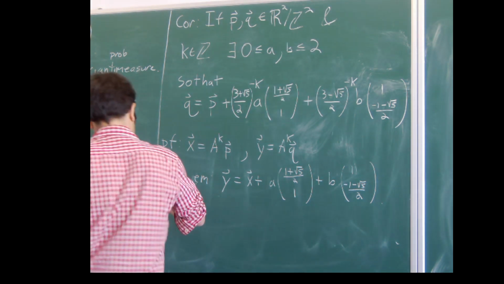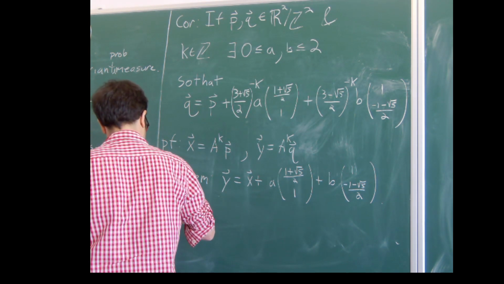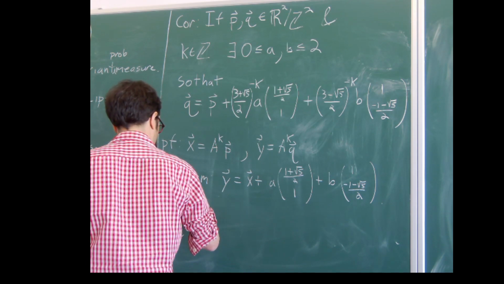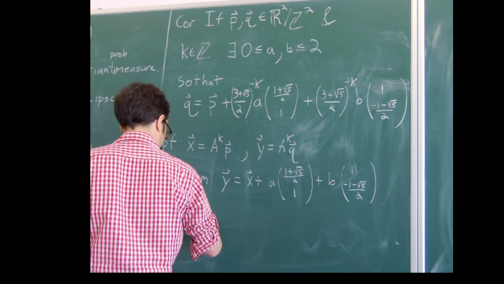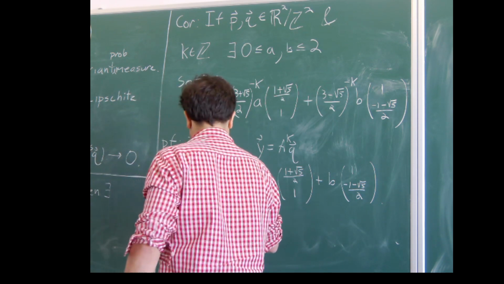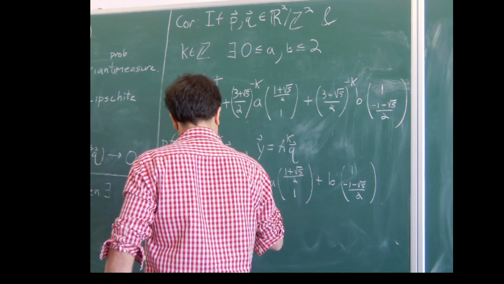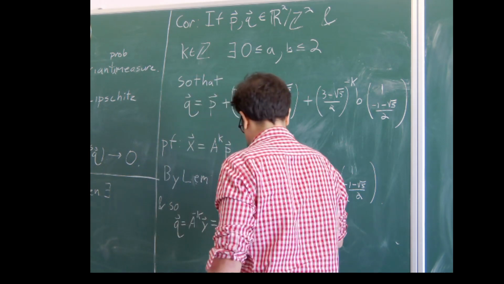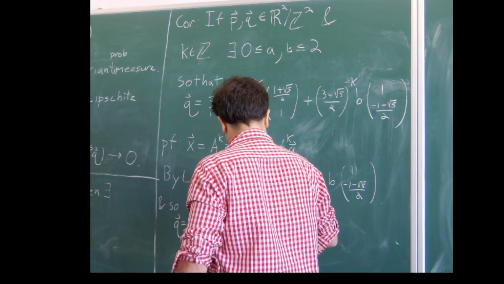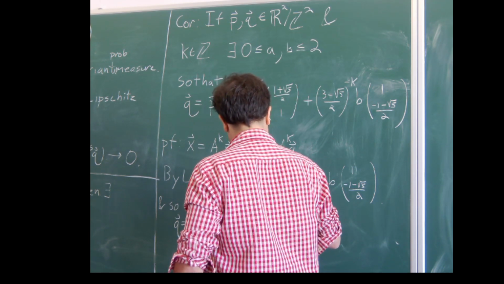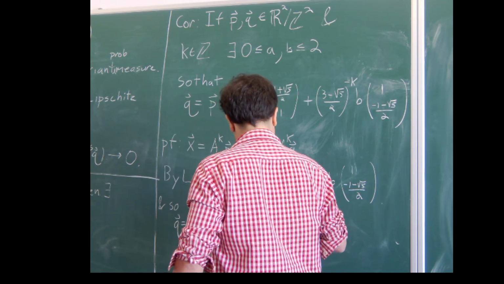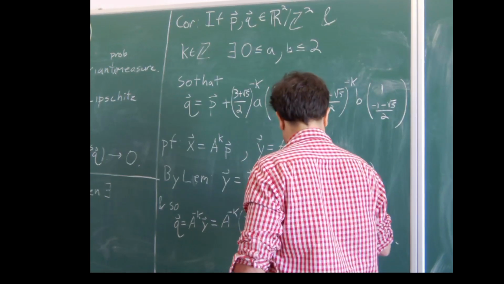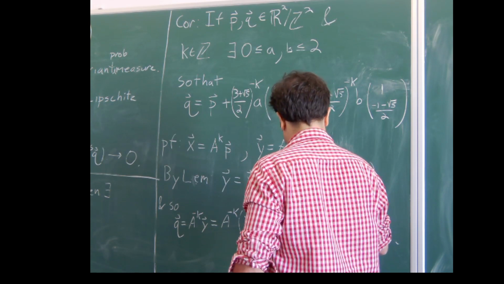And so Q, which is equal to A to the minus K of Y, is equal to A to the minus K of this big expression, X plus A times (1 plus the square root of 5)/2, 1, plus B times (1 minus the square root of 5)/2, 1.